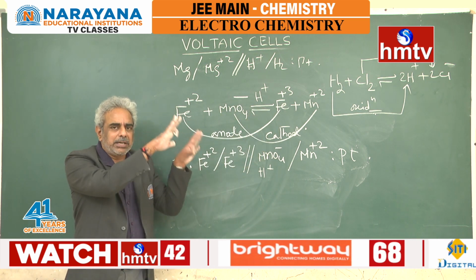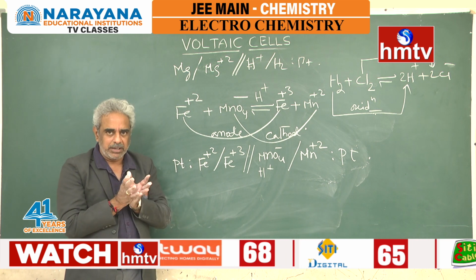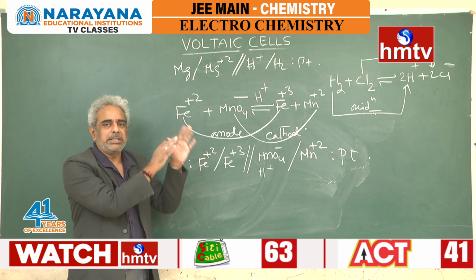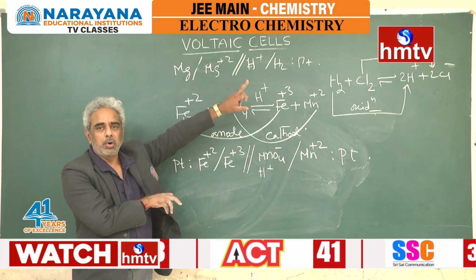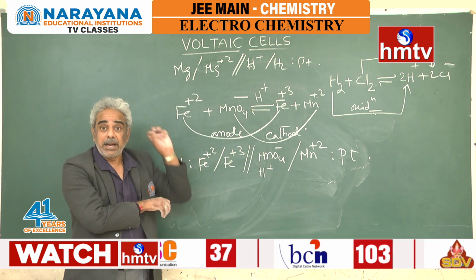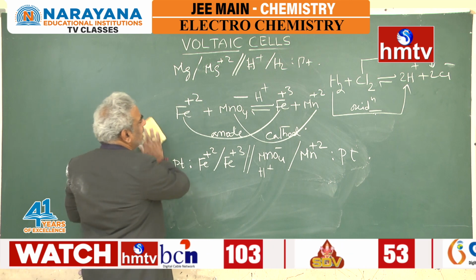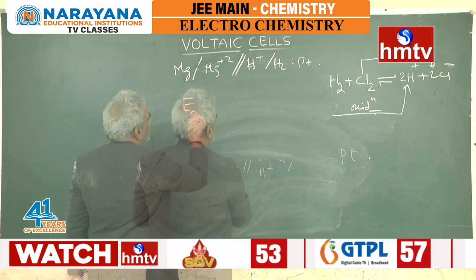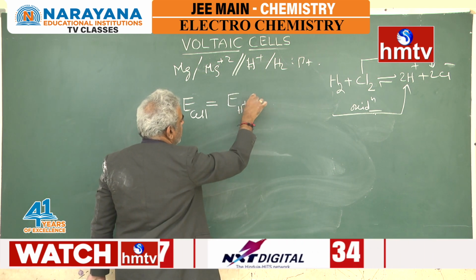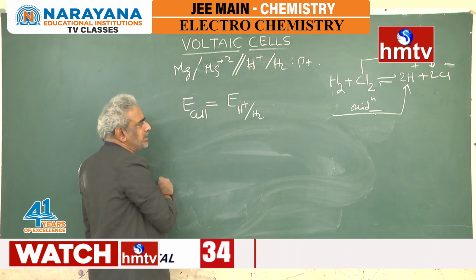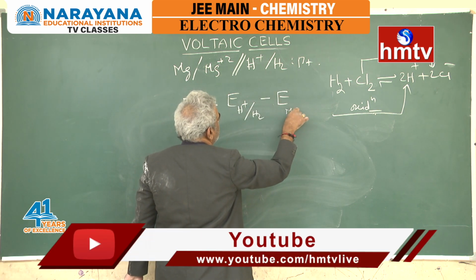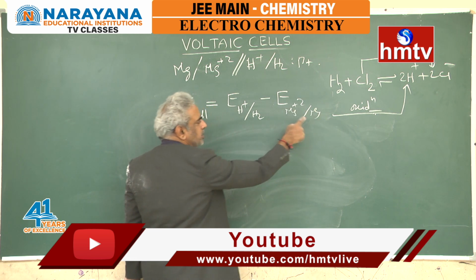So, in this complete discussion, what we could understand is that every redox reaction can be represented in the form of a cell notation with oxidation on the left side, reduction on the right side, and the potential of such a cell is always given by E cell equals E cathode, here H plus and H2 in this particular case, minus E anode, Mg2+ slash Mg, both reduction potentials.